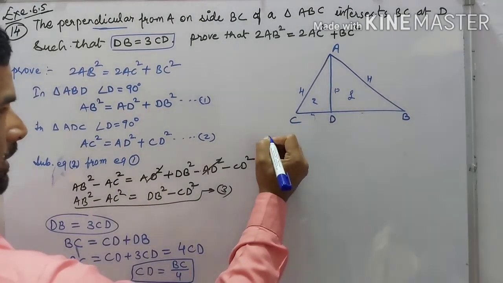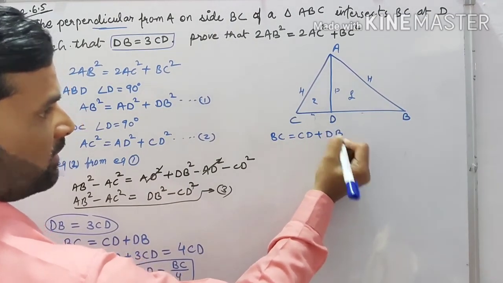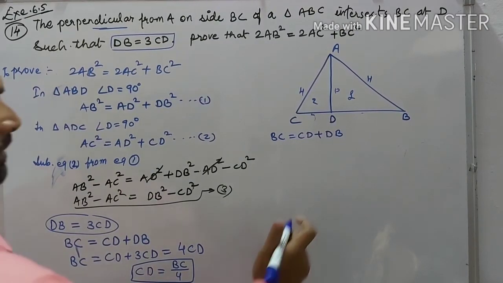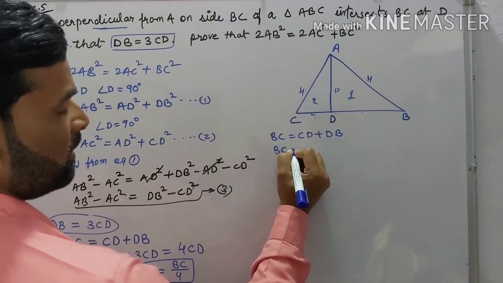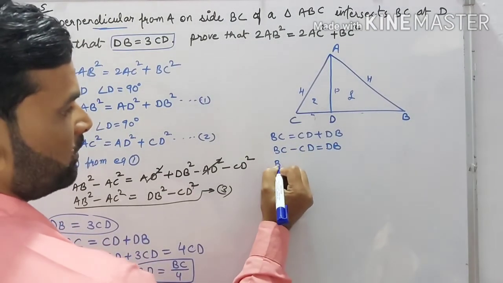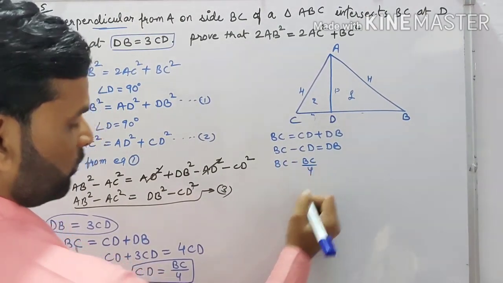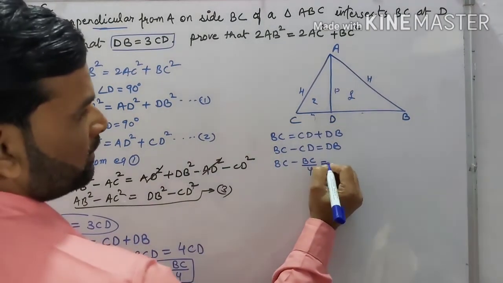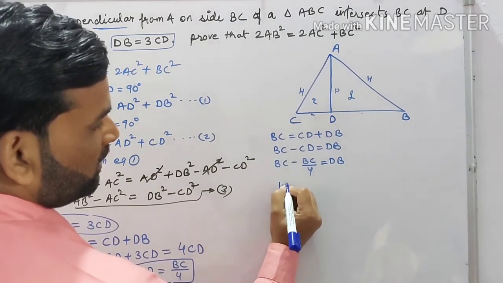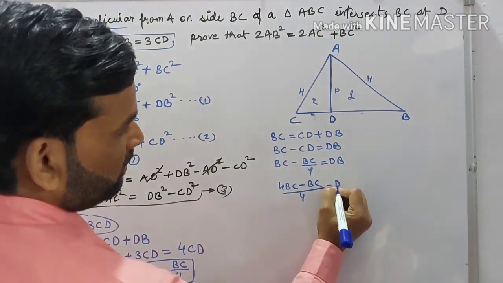Now the second condition: BC is equal to CD plus DB, which means BC minus CD is equal to DB. BC minus CD is BC minus BC upon 4, which is 3BC upon 4, equal to DB.